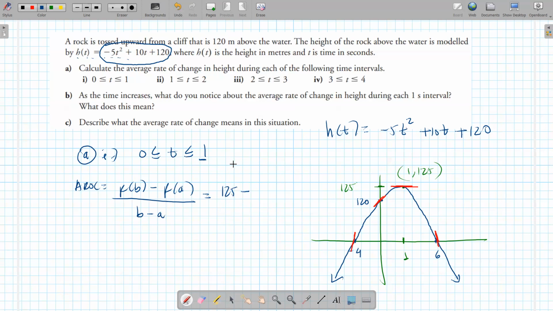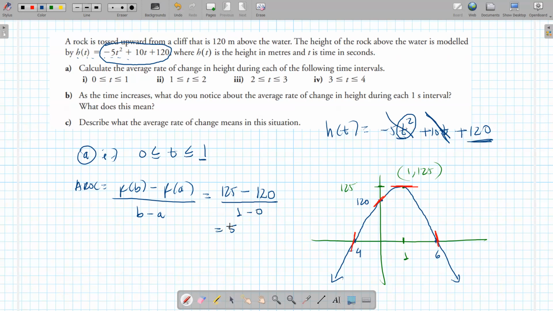It's 120. When t is 0, -5 times 0 is 0, 10 times t is 0, so that's 120. So 125 minus 120, all over 1 minus 0. So the slope is 5.